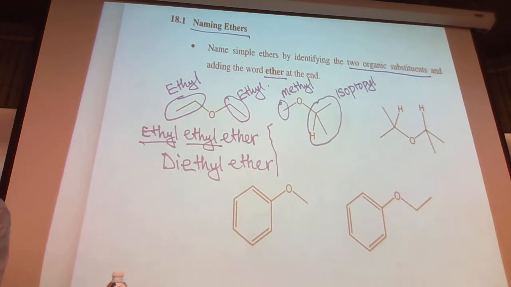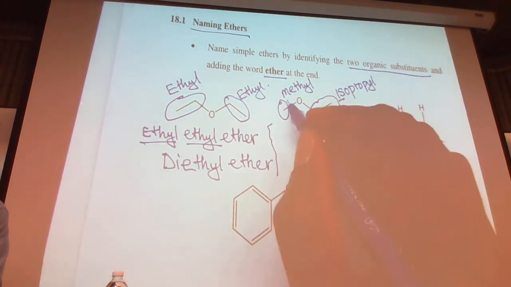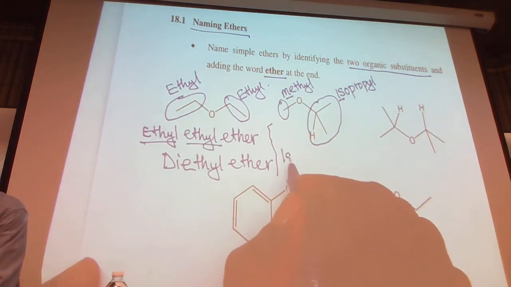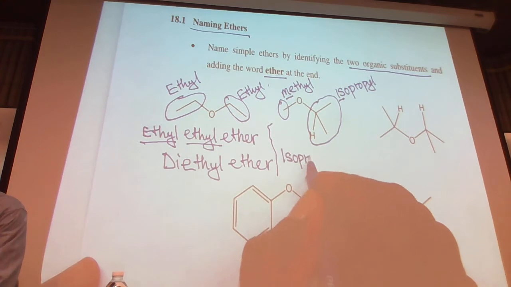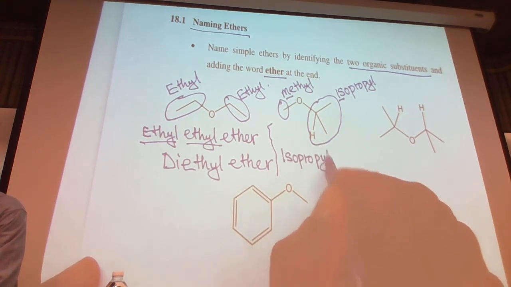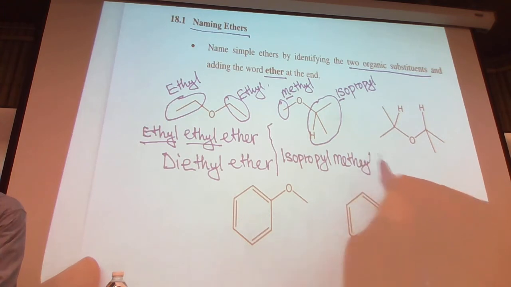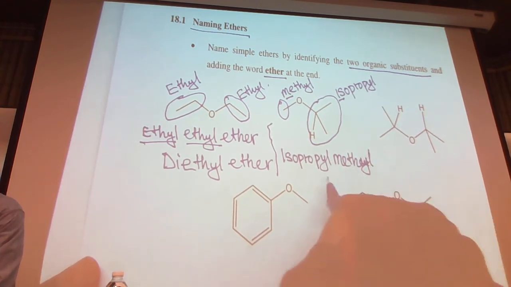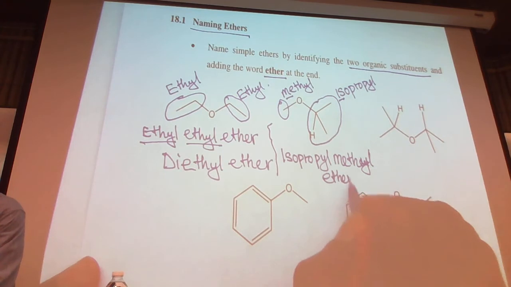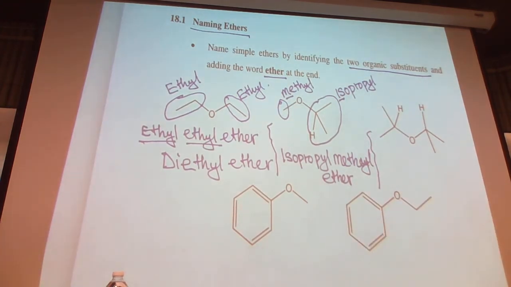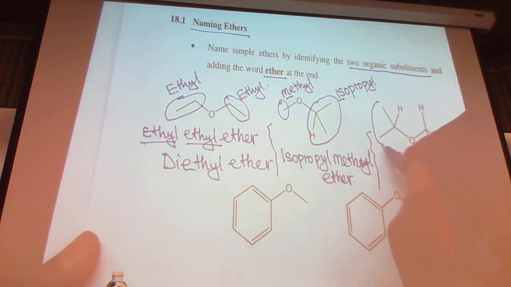So now you have isopropyl versus methyl. I comes before M, so you arrange them in alphabetical order. So it's going to be isopropyl methyl ether. On the next one, you have 2 isopropyl groups.